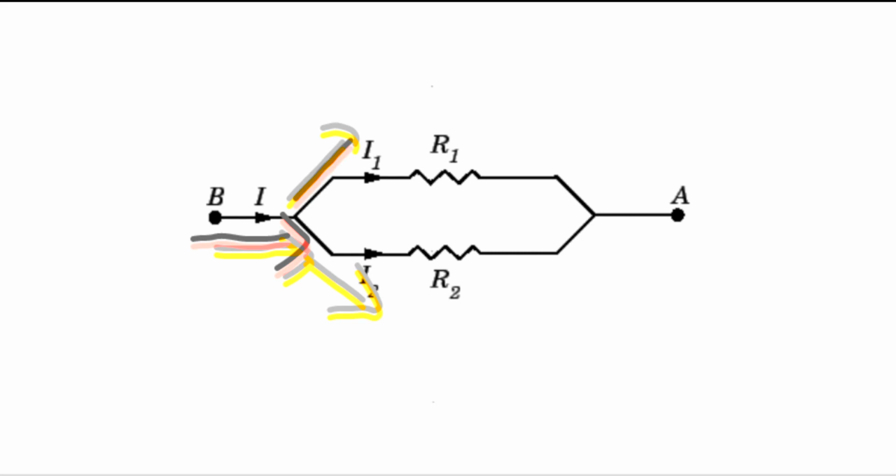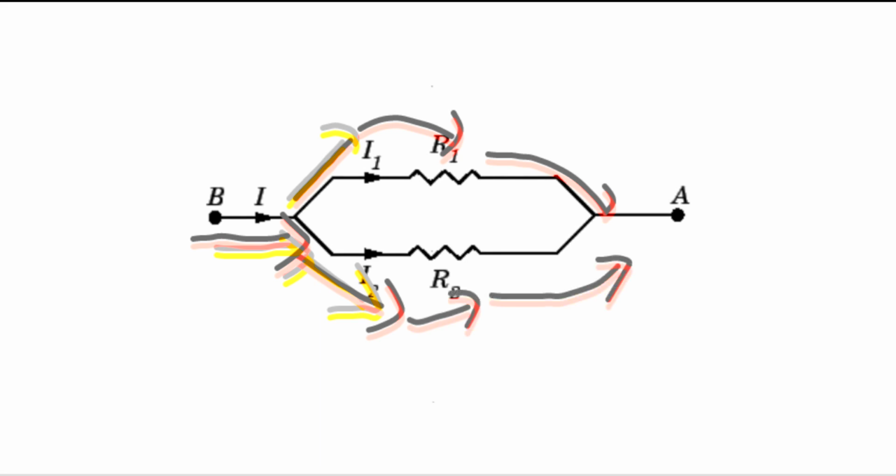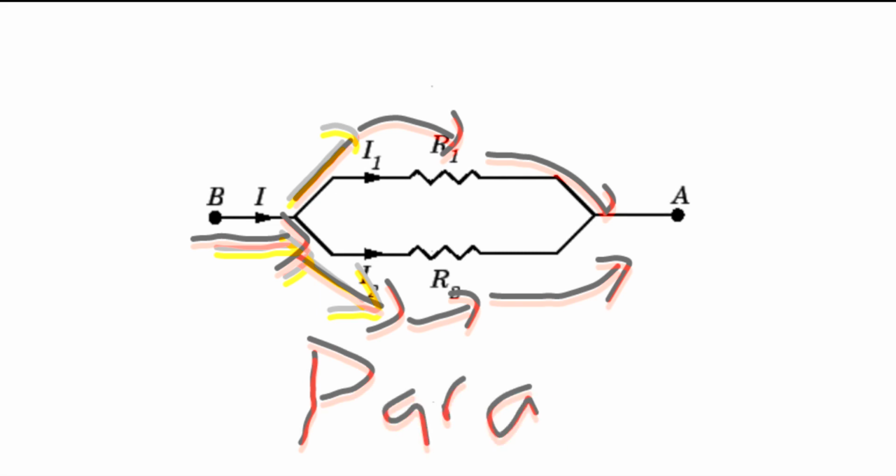So you should know that. The current moves through R1 and moves out, then moves through R2 and then moves out. So before it moves out, they are automatically in parallel.